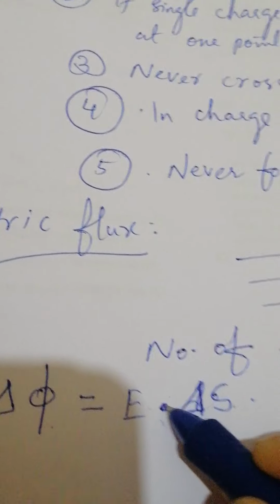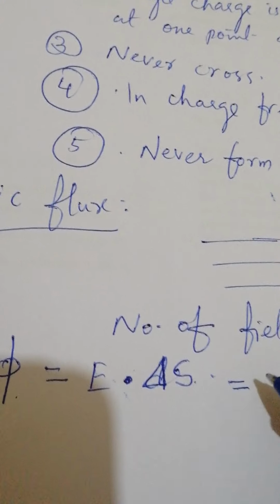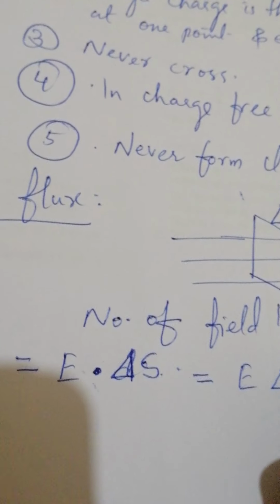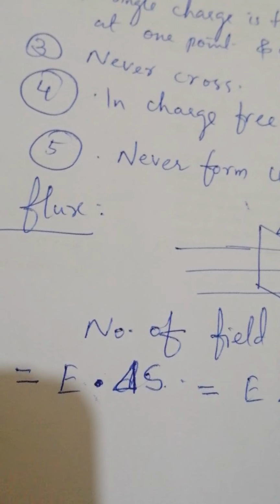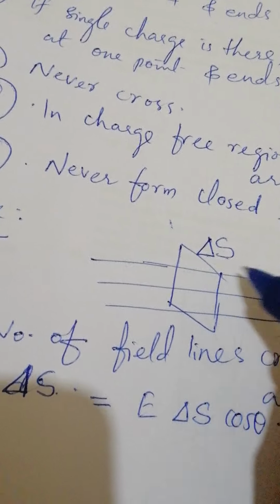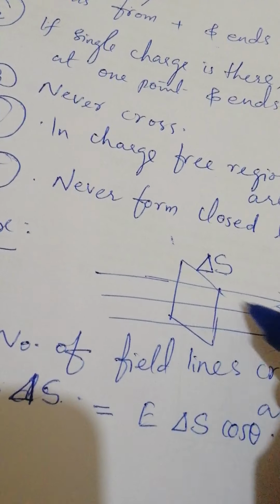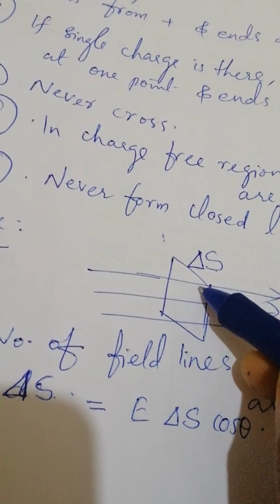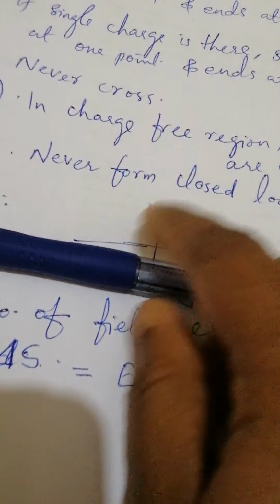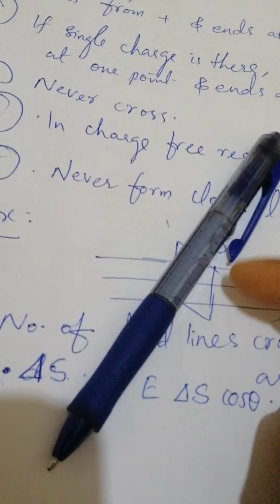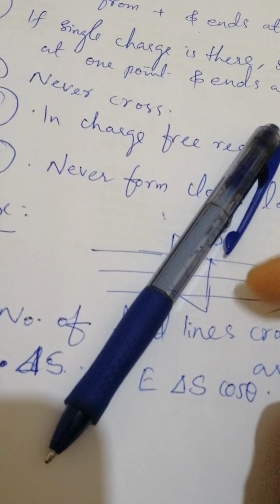This is a dot product, that means E delta s cos theta, where theta is the angle between the field line and the area. If the line is like this and some area is like this, of course there will be an angle between them.